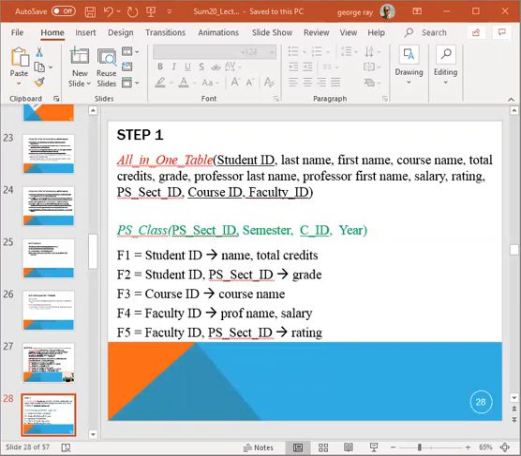And then the course ID determines the course name, faculty ID determines the professor name and salary, and then faculty ID and PeopleSoft section ID determine the rating for the course. So we're going to continue decomposing the one large table into sets of tables that are finally in third normal form. So let's go to step 2.